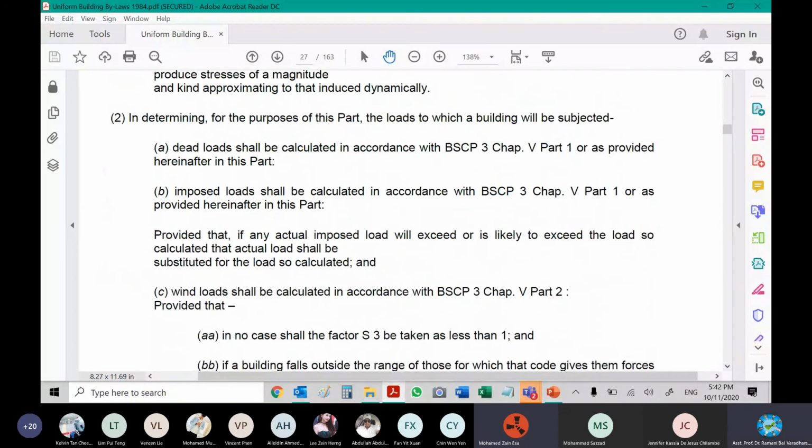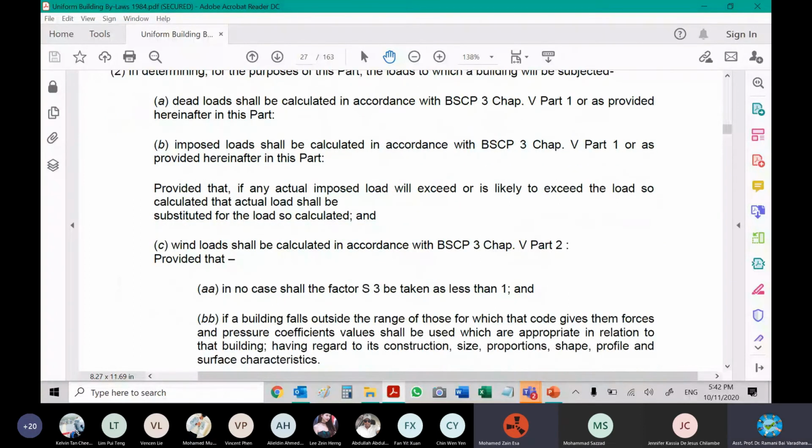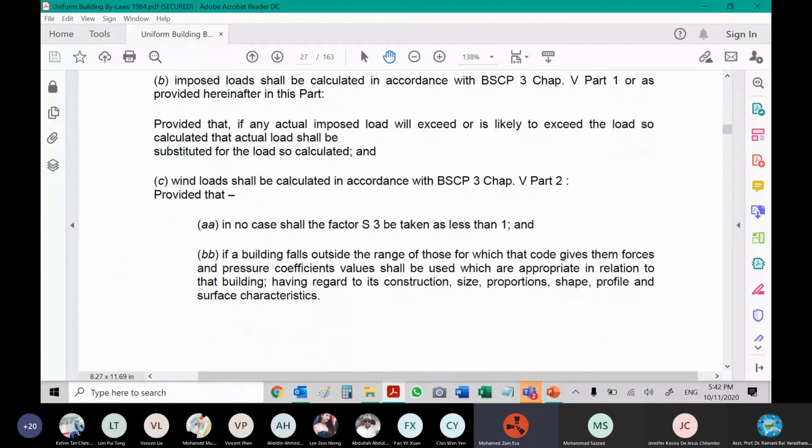Number 2: In determining for the purposes of this part the loads to which a building will be subjected: (a) Dead loads shall be calculated in accordance with PSCP 3 Chapter 5 Part 1 or as provided hereinafter in this part. (b) Imposed loads shall be calculated in accordance with PSCP 3 Chapter 5 Part 1 or as provided hereinafter in this part, provided that if any actual imposed load will exceed or is likely to exceed the load so calculated, that actual load shall be substituted for the load so calculated.